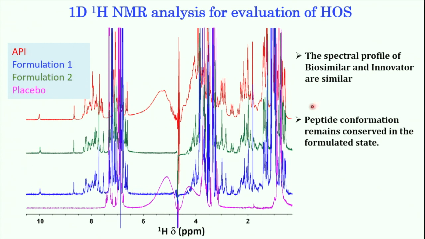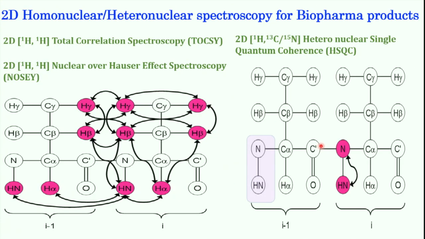Here you see a flat profile. So, one can conclude that the peptide conformation remains conserved in the formulation state. Formulation is essentially not changing anything in the peptide structure, and the components of the placebo or excipients are not interacting with the peptide. That is what one can infer from the one dimensional spectrum.